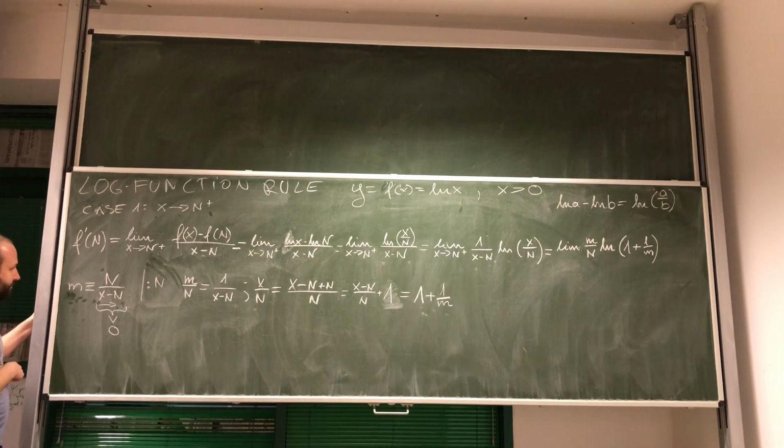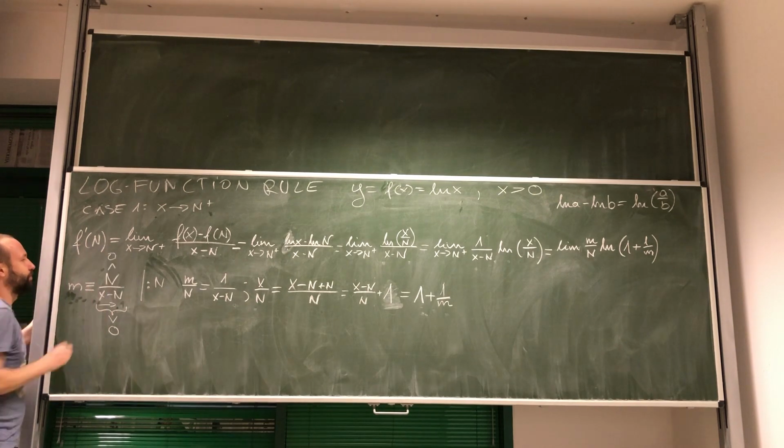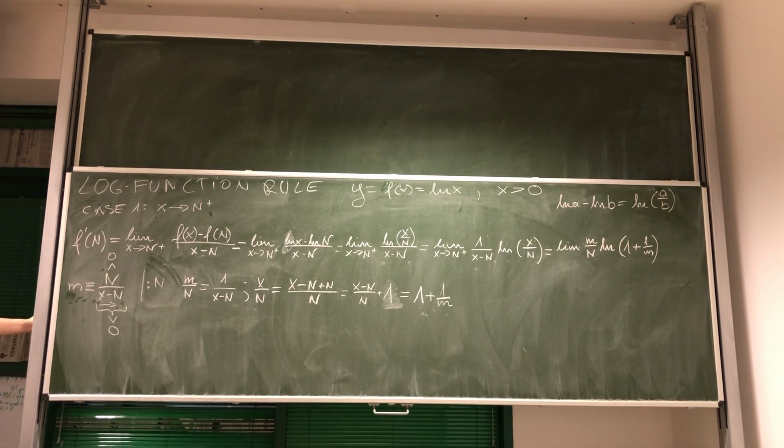Now, because n is a value that we put inside the logarithm, it also needs to be bigger than 0. So look, here we have a fraction in which we have 2 positive numbers.